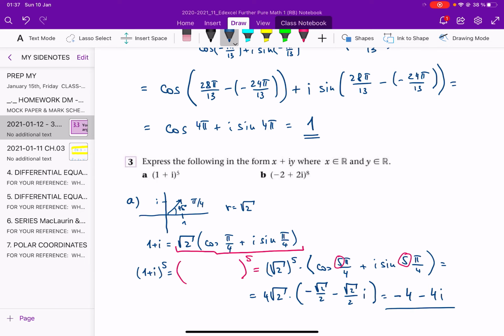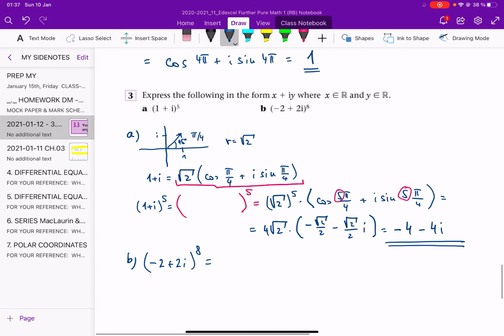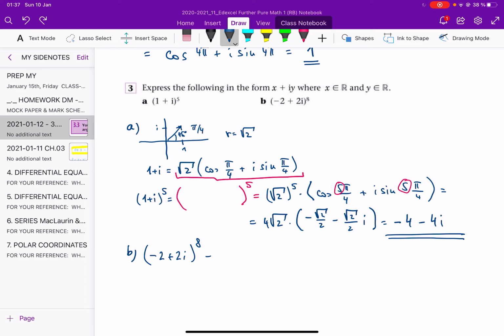Right, so that's it. And I'll do the b case as well. Minus 2 plus 2i to the power of 8. Similar story. First we need to see minus 2, 2i, so that's this. I need to know the argument, and I need to know the modulus. The modulus in this case would be root of 2 squared plus 2 squared, which is root of 8, so 2 root of 2.